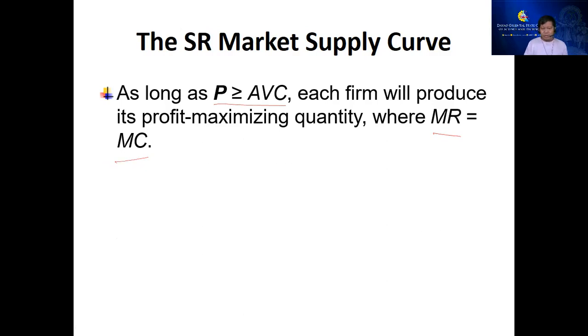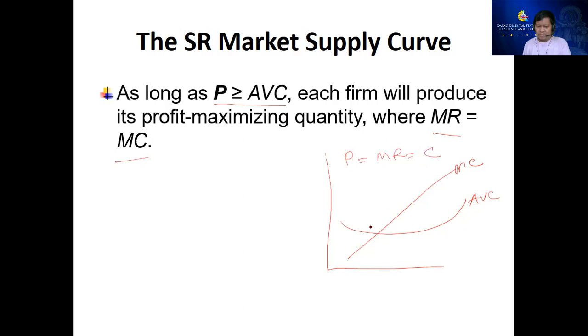No? Sa graph nato karon, this is the average variable cost. Ito na yung marginal cost curve. Giingon na ni sa atong perfectly competitive firm, ang profit maximizing is price equals MR equals MC, no? So, this is the MR equals MC, kini nga portion, and this is also equal to the price.